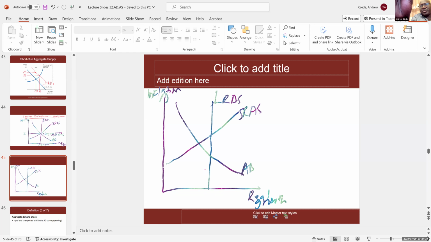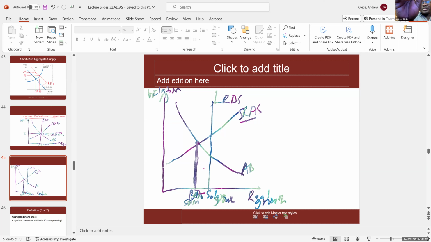See, the intersection between this short-run curve that slopes upward and the aggregate demand curve is happening to the left of this long-run aggregate supply curve. So if this is the solow growth output, when aggregate demand intersects short-run supply at this point, the economy is going to produce less. Growth is going to be below the solow growth. See that? So you're below solow growth. This is some kind of recession.